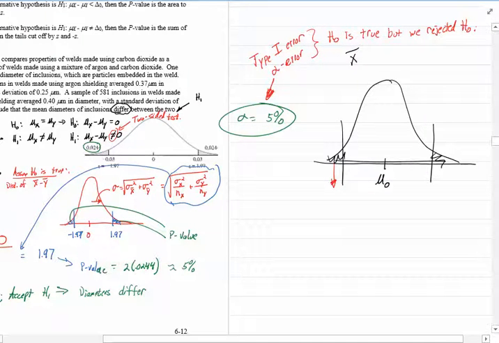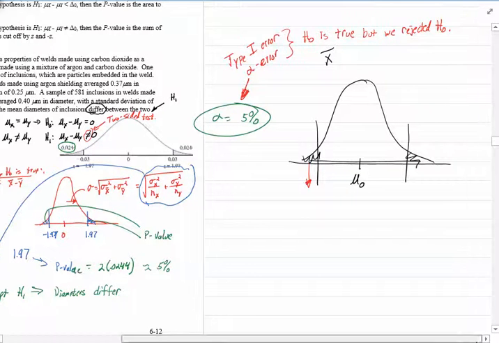There's going to be a cost with that also. But does that make sense? So we have to live with this. 95% of the time we're right, and 5% of the time we're going to be wrong when we do these alpha 5% tests. And that goes into your judgment on choosing alpha. What's the cost of being wrong? If it's really, really critical, maybe you want to reduce that alpha.